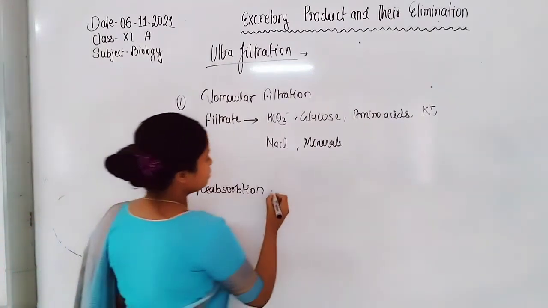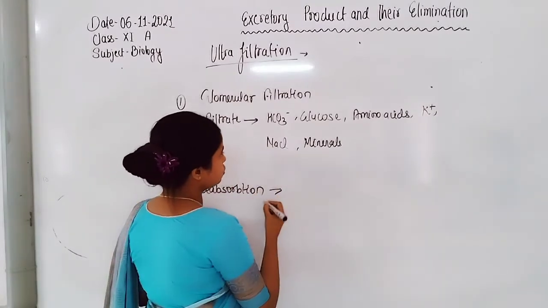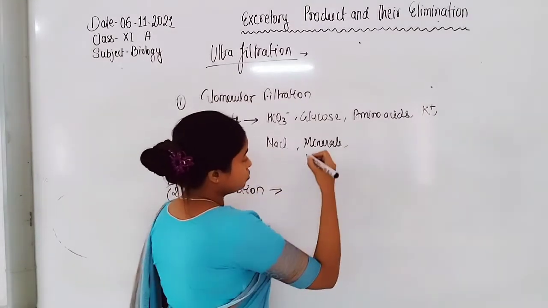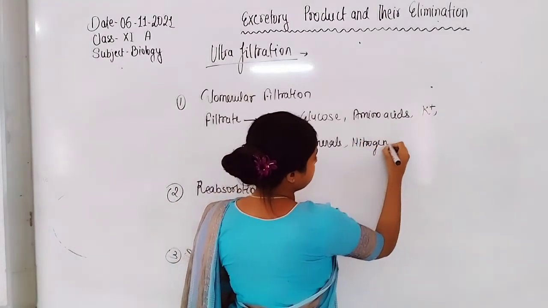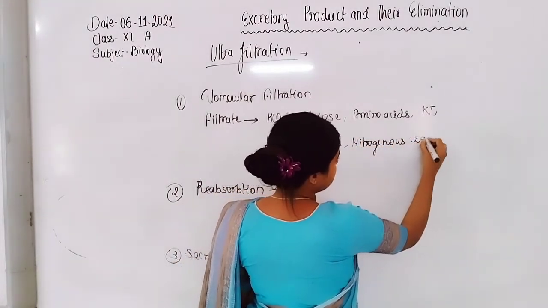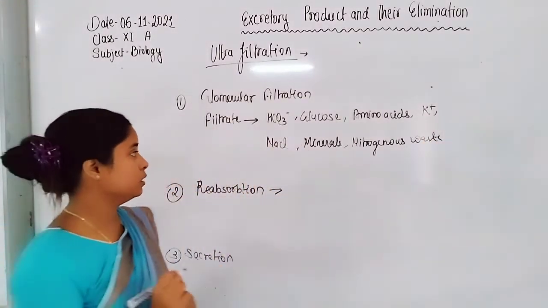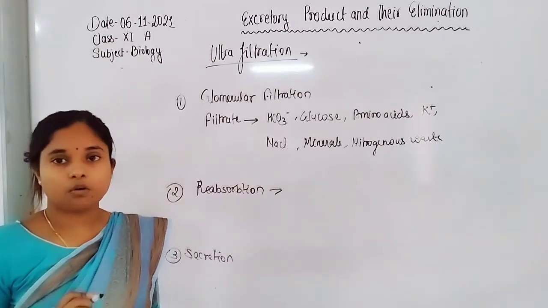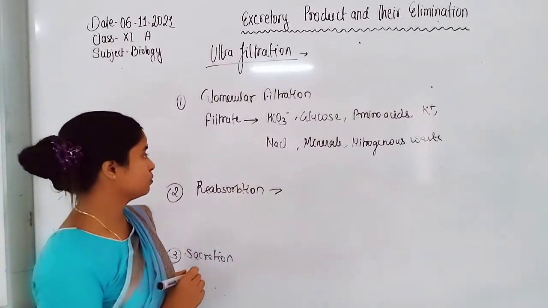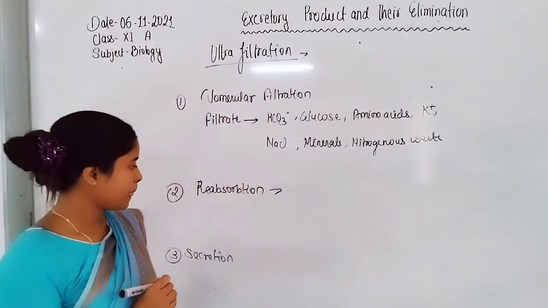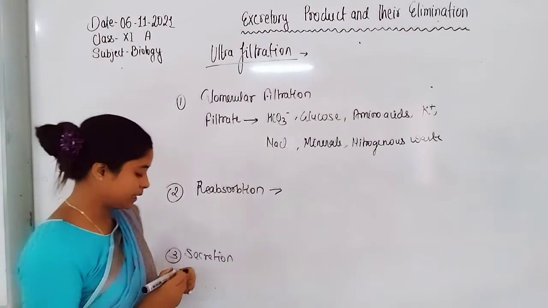In the reabsorption, all these constituents from the food are taken back, but the nitrogenous waste also passes the filtration membrane and transfers into the filtrate in the Bowman capsule.